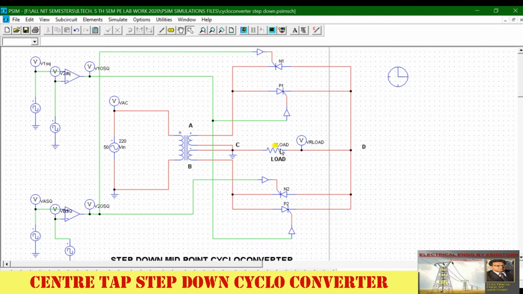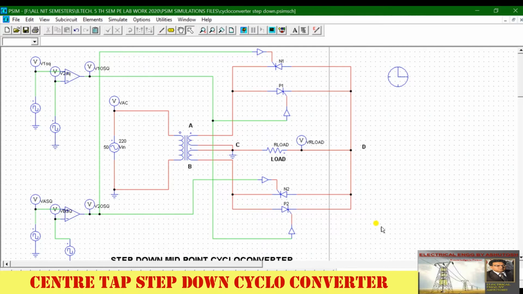You can see here basically what happens. There are two types of cycloconverters. First, the step up cycloconverter: a cycloconverter in which the output frequency is greater than the input frequency.